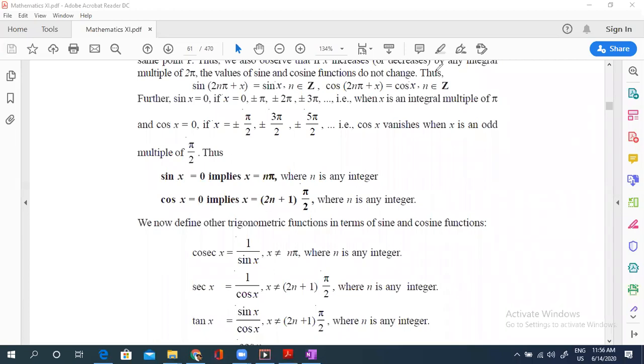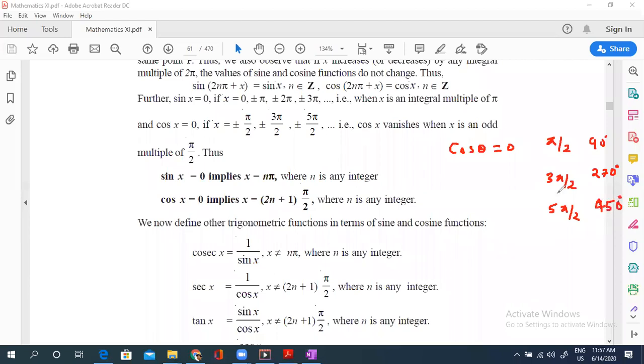Okay then. So this was about sine. Now when you talk about cos, cos theta is 0 at pi by 2 or 90 degree, then 3 pi by 2 or 270 degree, or 5 pi by 2, which is again 360 plus 90, 450 degree.